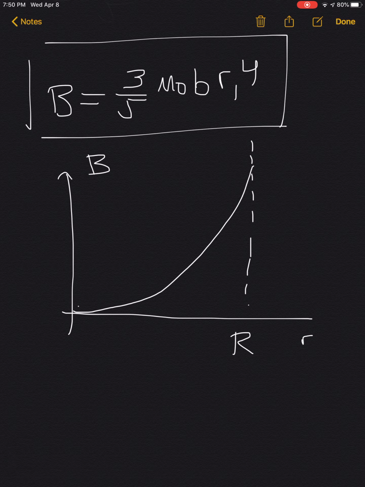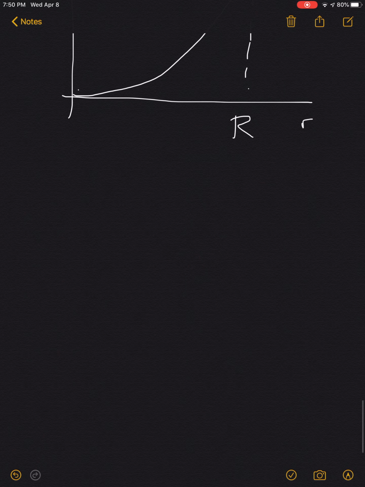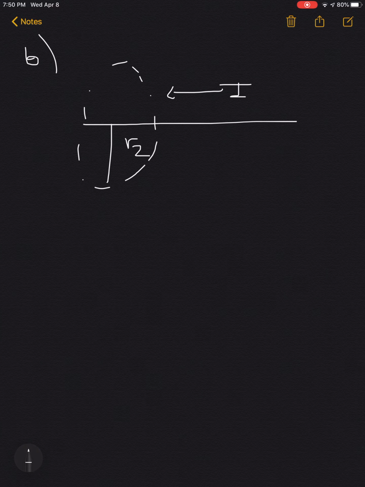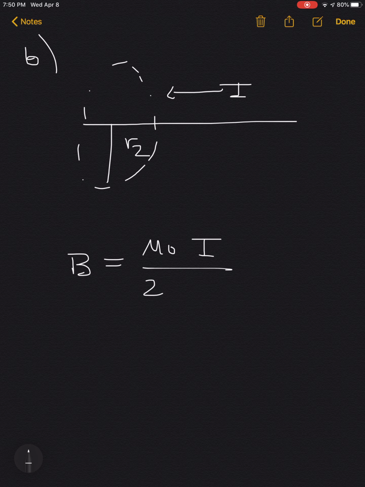So actually, this is a good segue, because now we're looking at part B. If you've got a long straight wire, so we've seen this before, with some current I, and you are some distance, say, just for consistency, R2 away, we've calculated before that the B field goes like mu naught I over 2 pi R2.